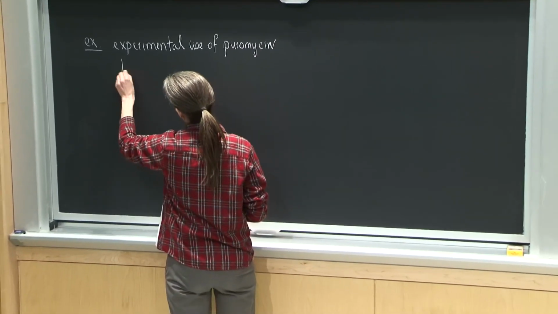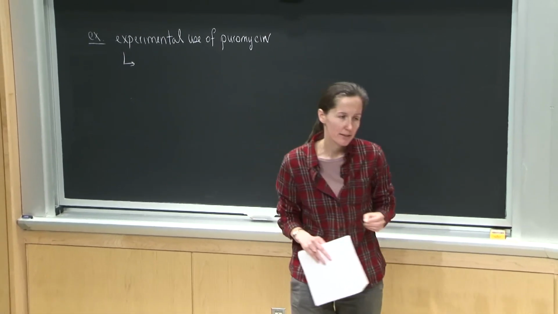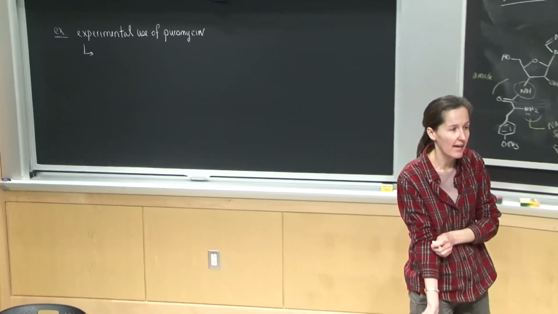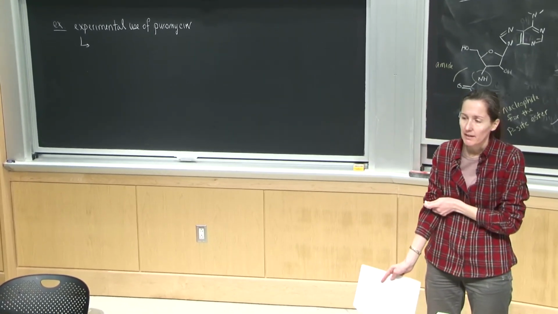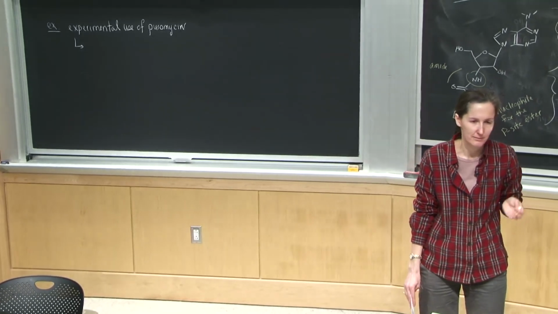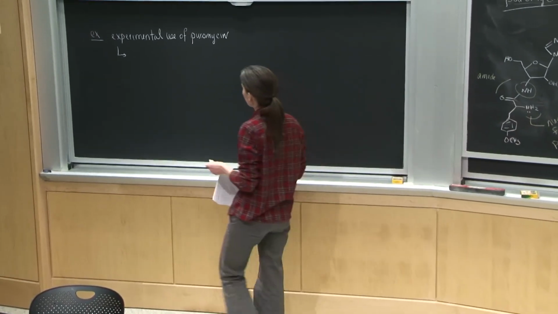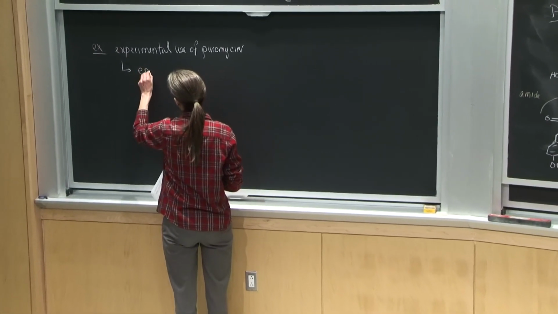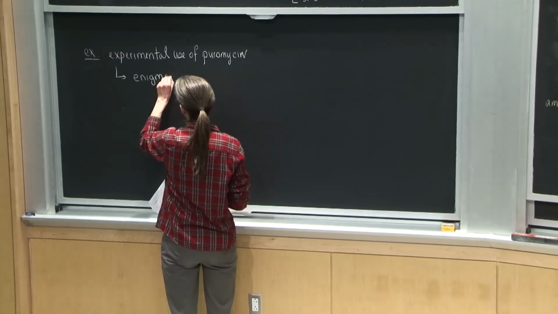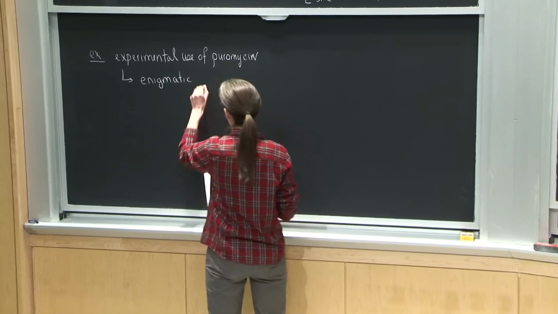What we're going to think about is a translation factor that hasn't come up yet in class, and this is elongation factor P. For a long time, its function was unclear.